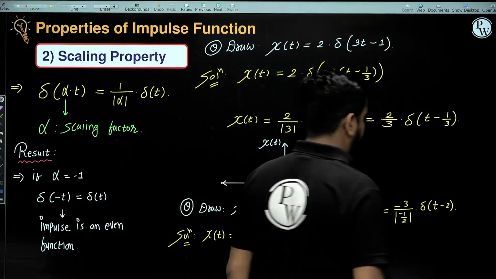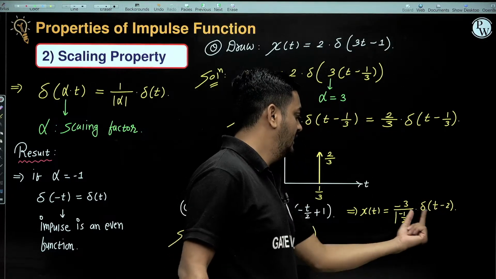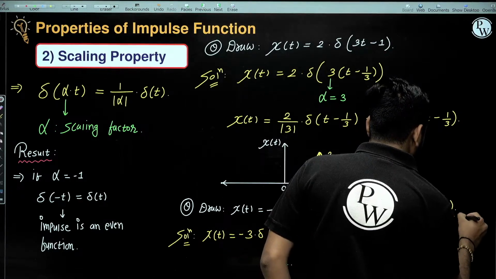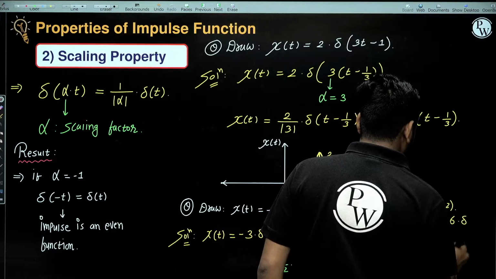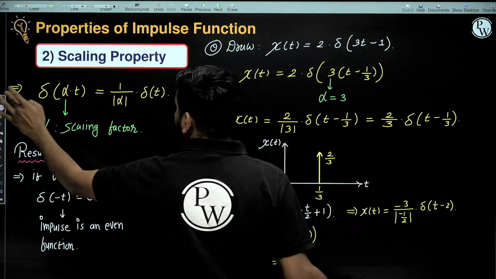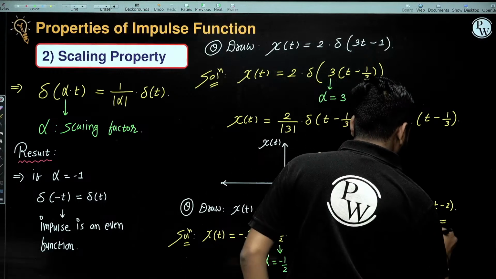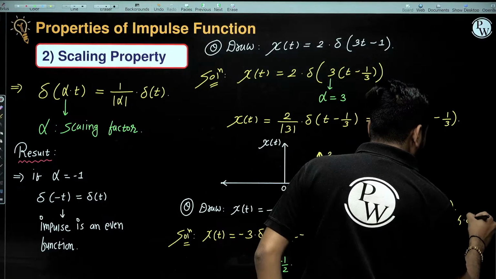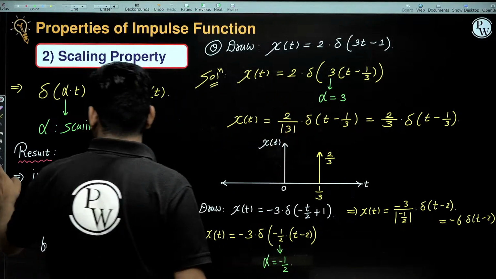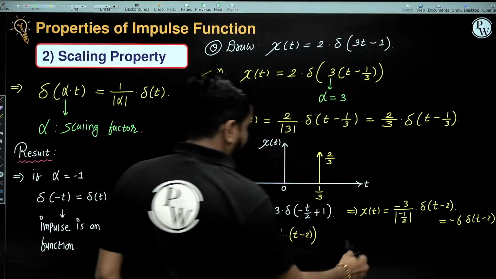So this impulse is located at t equal to 2. It is nothing but minus 6δ(t minus 2). So the amplitude is infinite, and the area is minus 6, guys.